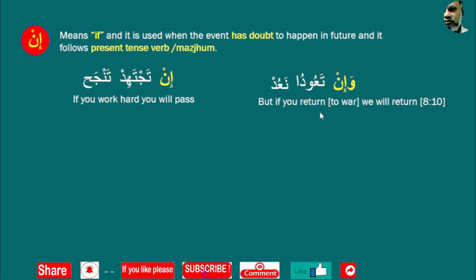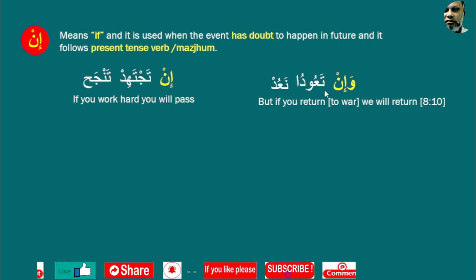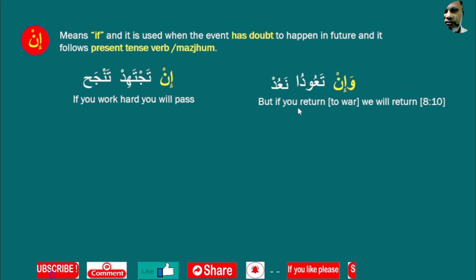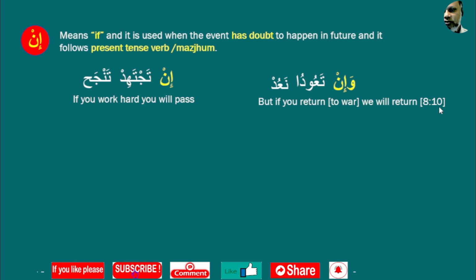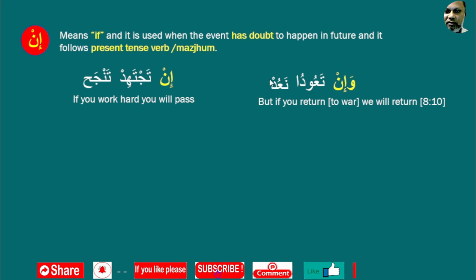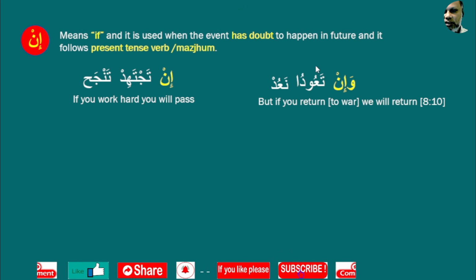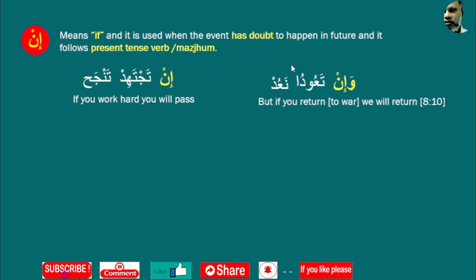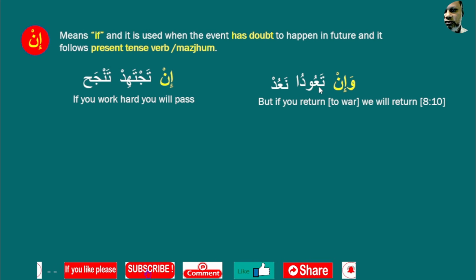But if you return, we will return. Wa in ta'udu na'ud. But if you return, ta'udu, then we will return, na'ud. This na'ud, we return, is present tense with sukun, and ta'udu was ta'uduna before. The nun has been dropped to make this plural verb jazm, so it will be ta'udu.